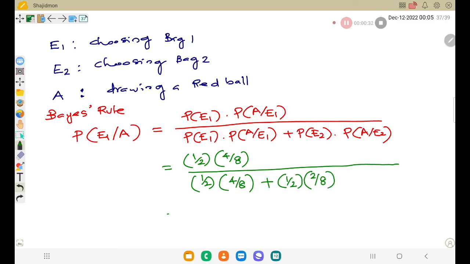When we calculate, you will get the answer equal to 2 over 3. So this is the probability of E1 given A by using Bayes theorem. Hope you understood this question.